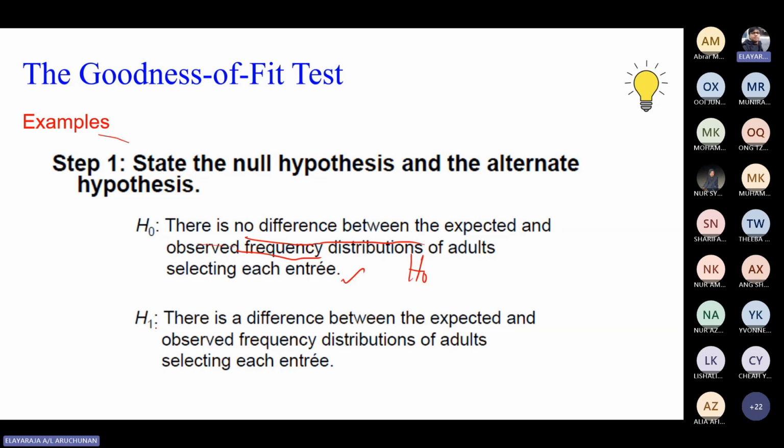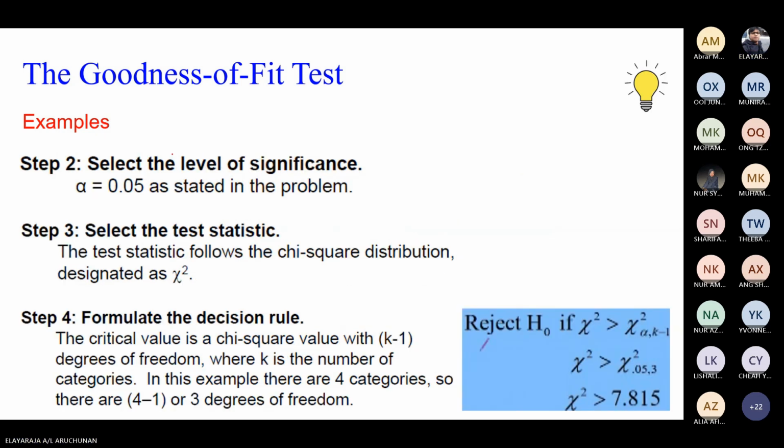The alternative hypothesis: there is a difference between the observed and the expected frequencies. So you have already set up these two statements. Remember, all we're going to do is prove or reject the alternative hypothesis.